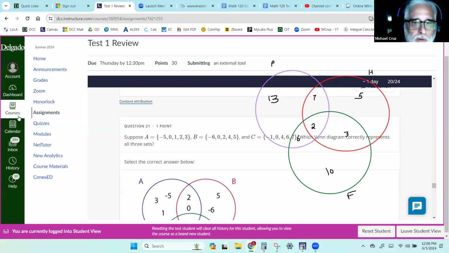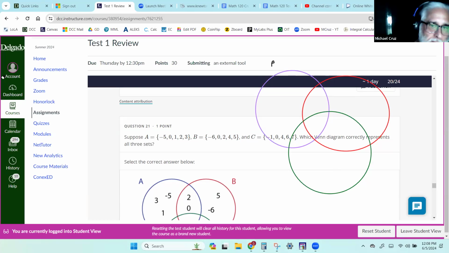Let's see if we can do this one real quick. So I'm going to try to reuse this, because drawing these things is one of the things that takes the longest. So A, B, and C. All right.